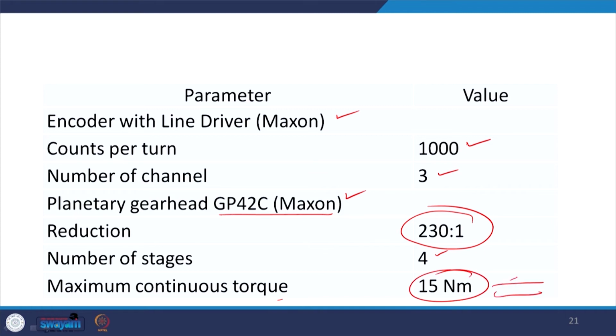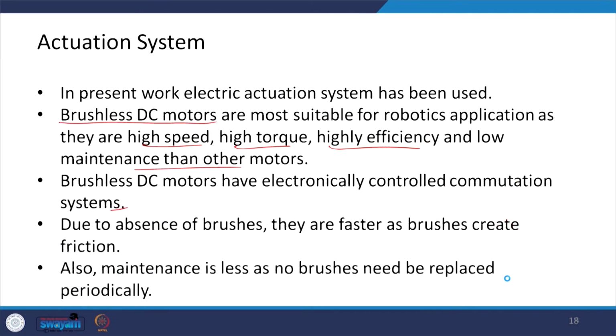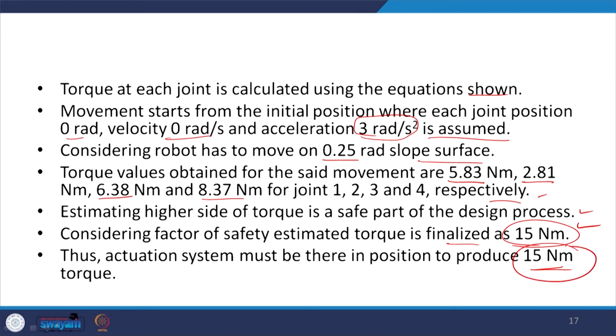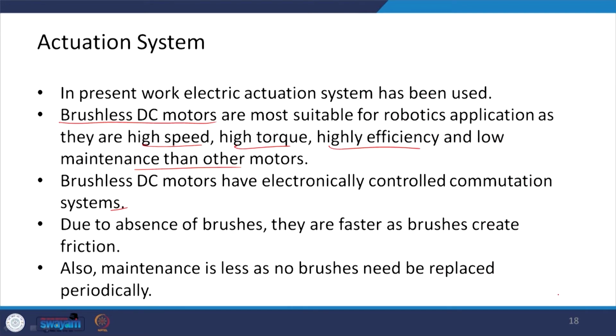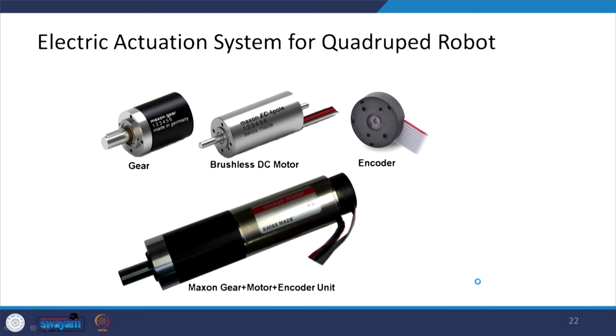Now you can see why we have gone with this gearhead, because as I said, we assumed this 15 Newton meter as our requirement. So, based on that we went with this gearhead.